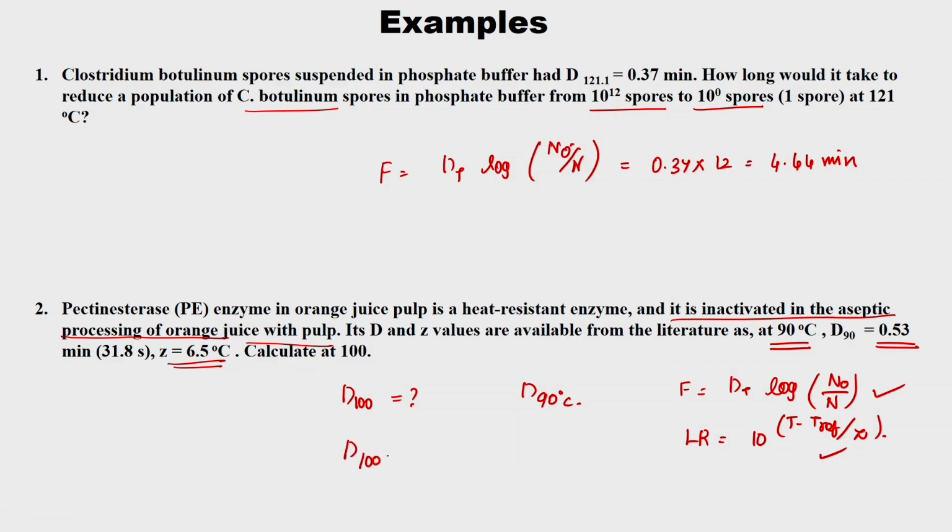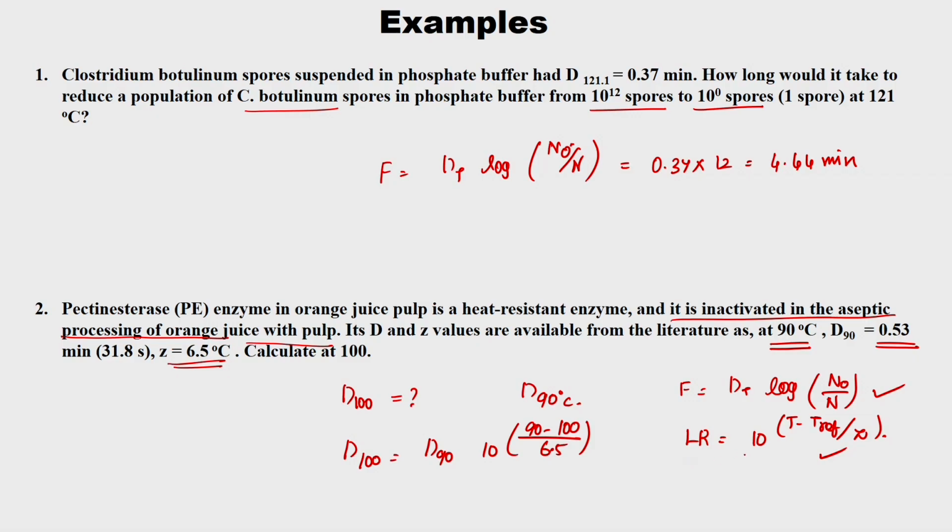So D at 100 is nothing but D at 90 degrees into 10 to the power of (T minus T reference upon Z), but both for 90 as well as 100 this formula is the same. So I can directly substitute, right. So 90 minus 100 upon the Z value, which is 6.5. So this is the same for 90 degrees as well as 100 degrees.